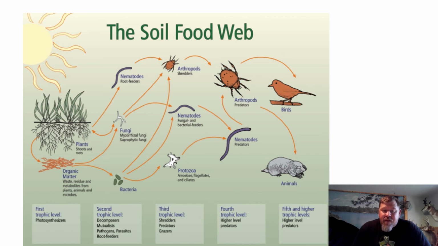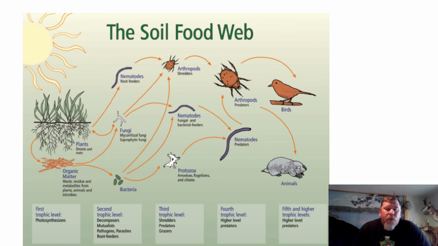Where this benefits us is as a protozoa poops, and that's what we call the poop loop, the extra nitrogen goes out into the soil, and that nitrogen is now in a plant usable form. So through that process of that protozoa eating that bacteria, it is now providing our plants with nitrogen.